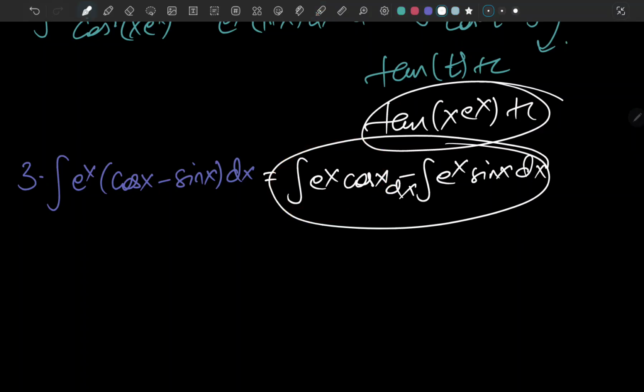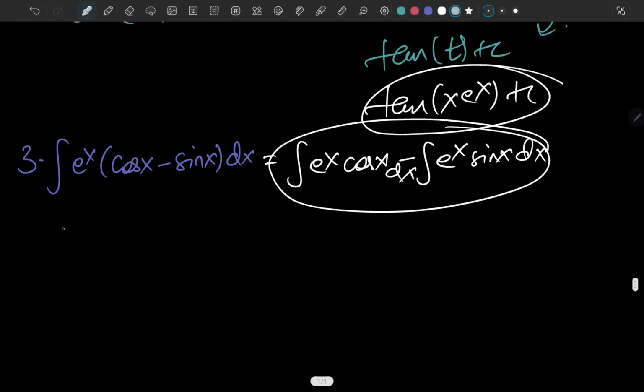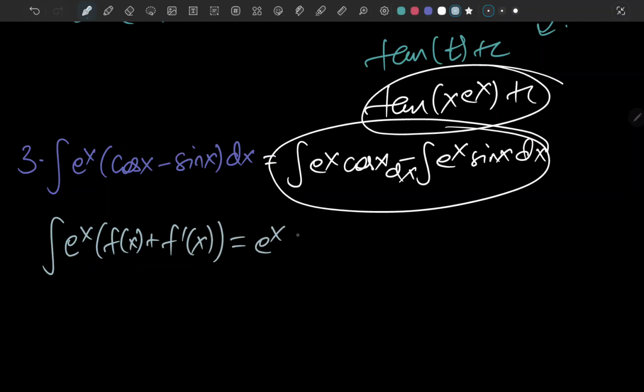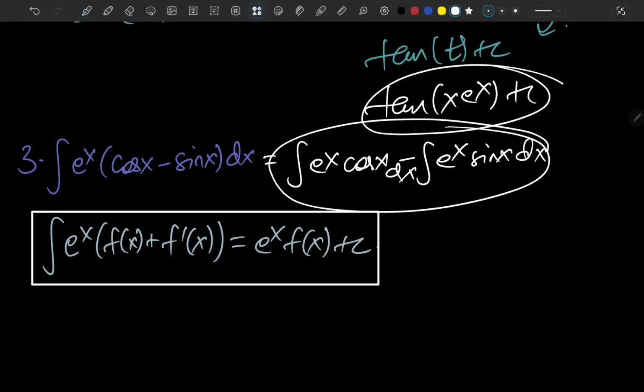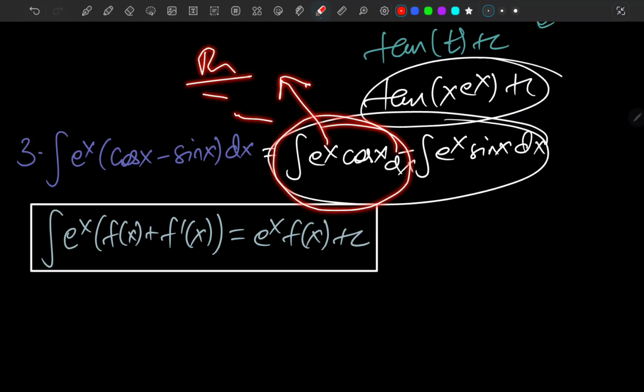But I'm not doing that here because I have a very well known identity of integrals that I'm just writing over here, that says that the integral of e to the x times f of x plus f dash x is just e to the x times f of x plus c. Again, this is a well-known property that saves you a lot of time, because if you go with the method I just mentioned, that is by parts, then you're going to take a lot of time to solve this.